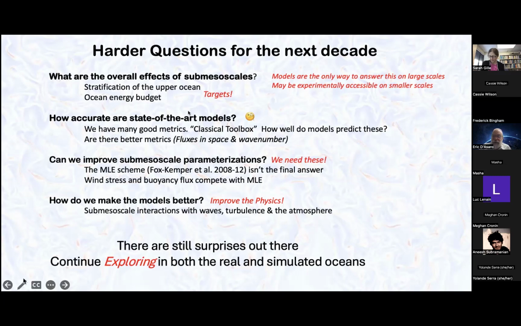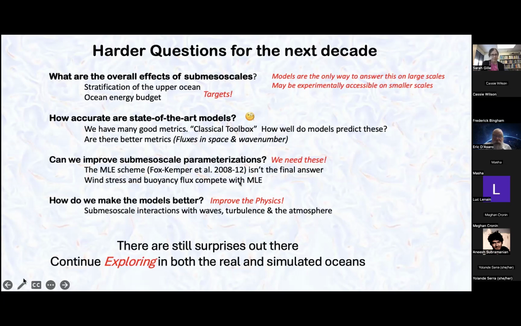So can we tell which one is right? Seems like a good short-term or medium-term goal. And then, of course, maybe there's better metrics because we have better data. We're going to get all sorts of interesting stuff from SWOT. And the obvious ones are fluxes in space and in wavenumber. The next slide is about that, but there'll be a pause after this.